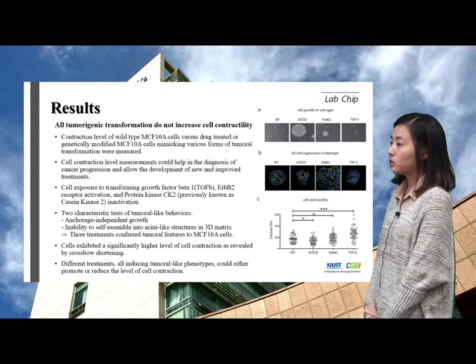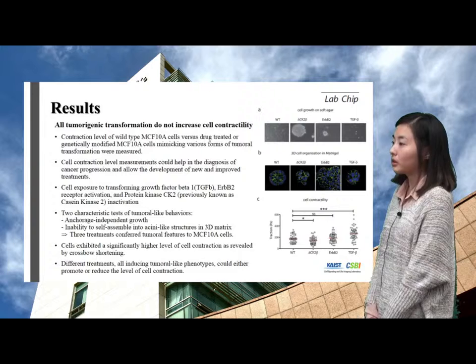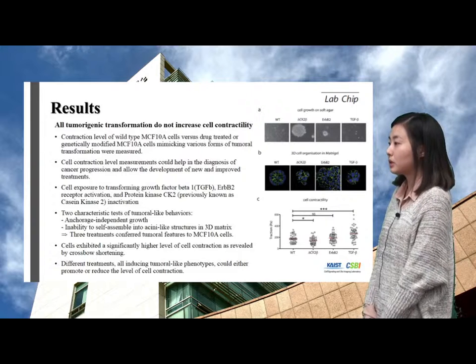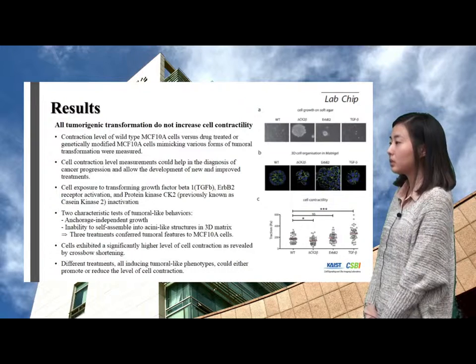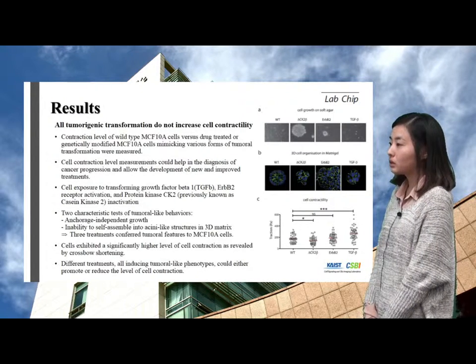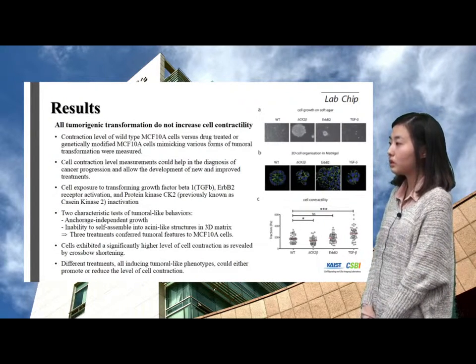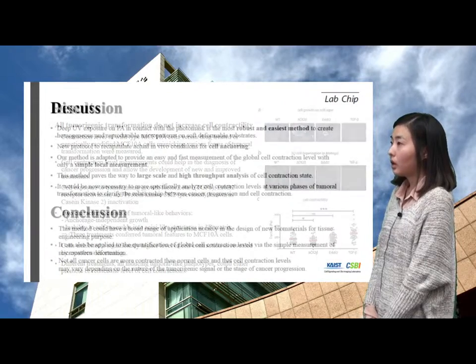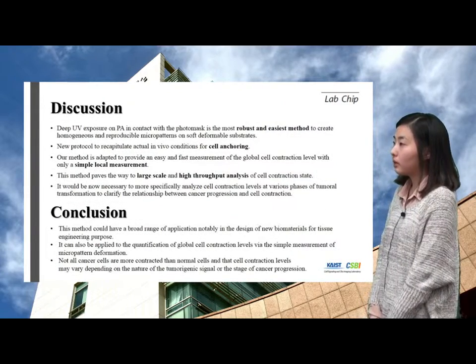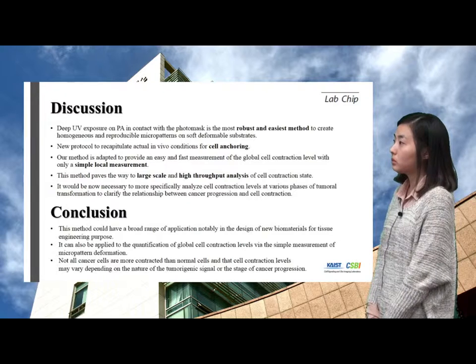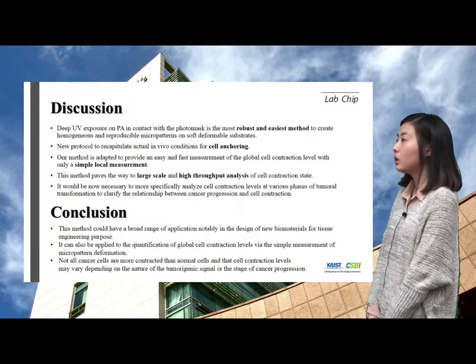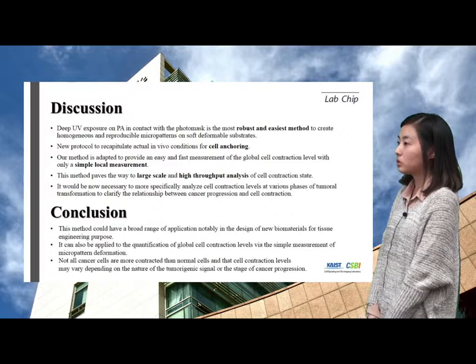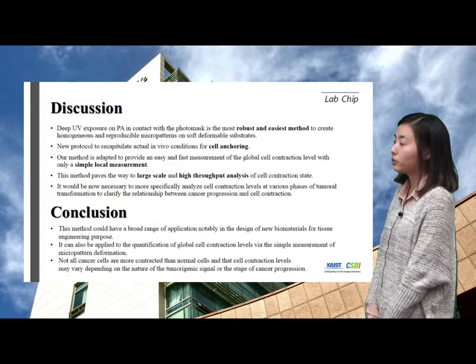They also demonstrate that their method can easily be used at large scale to more precisely characterize this complex correlation between cell contraction and tumoral transformation. Deep UV exposure on PA in contact with the photomask is the most robust and easiest method to create homogeneous and reproducible micropatterns on soft deformable substrates.